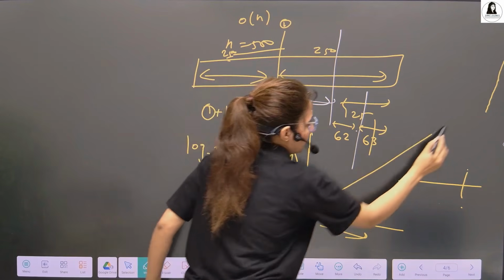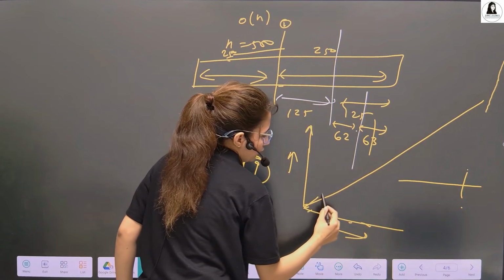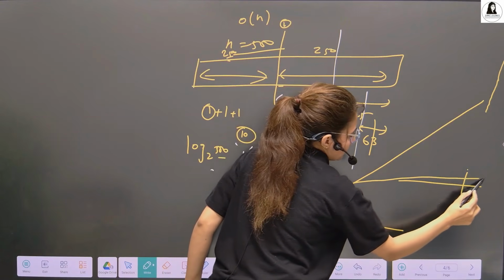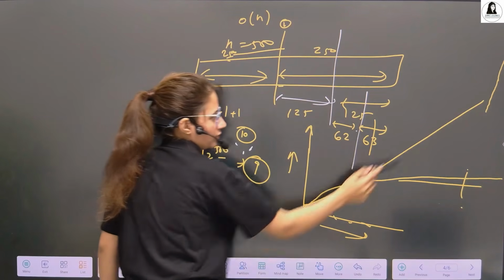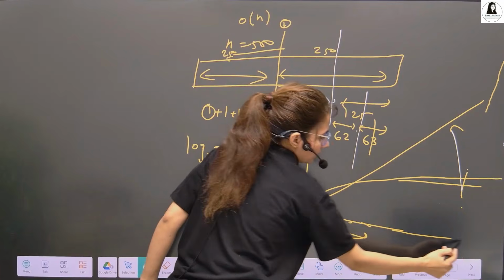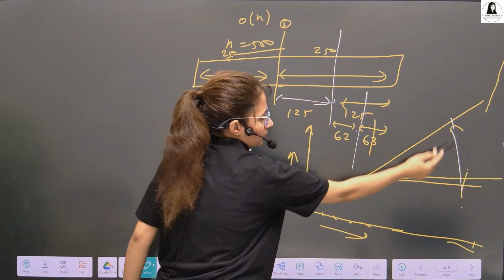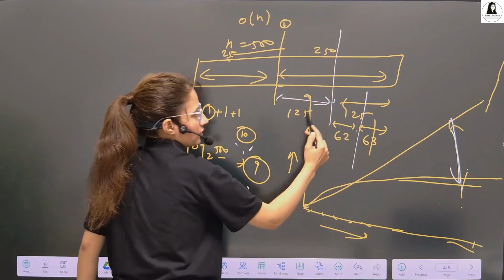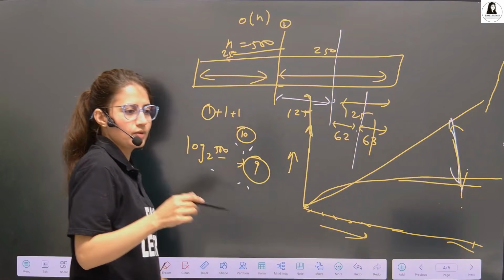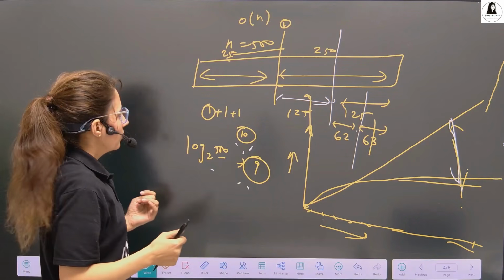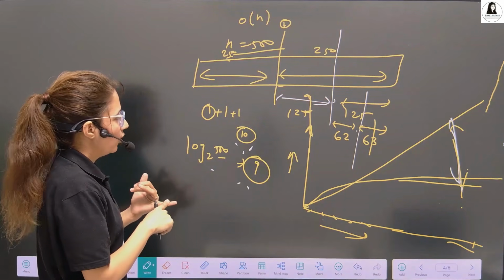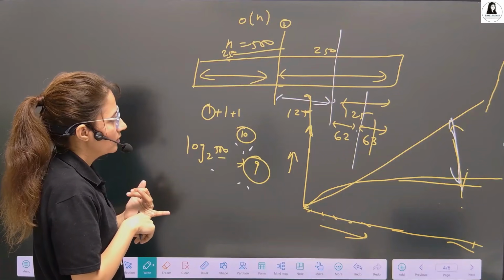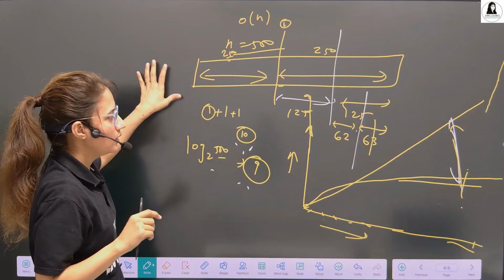Linear we know is something like this, but log is something like this. So there's a huge difference in the number of operations when the data increases. That's why obviously log n is better, right? Now you got why the time complexity is order of log n and why it's better than the linear one.